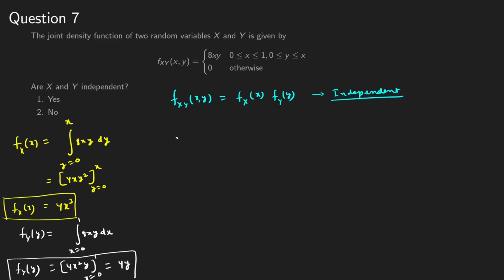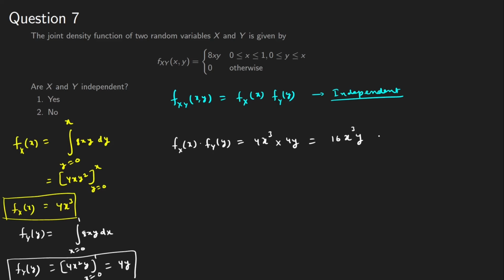So let's try calculating the product of the marginal PDFs. So f x of x times f y at y is 4x cube times 4y, which is equal to 16 times x cube y.